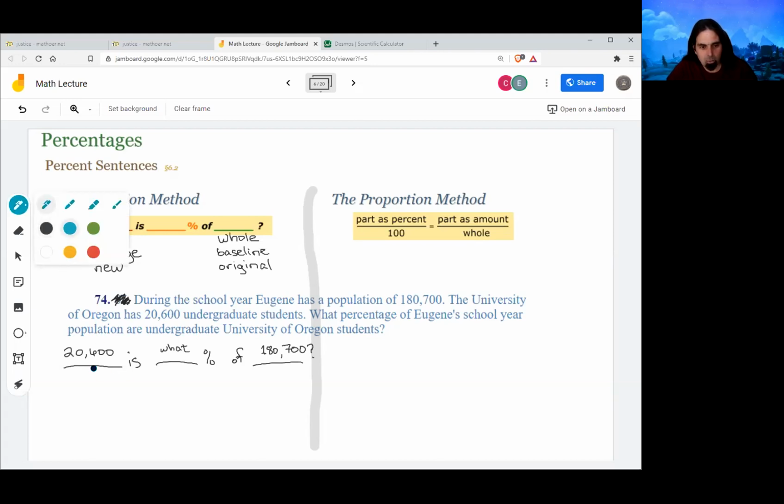Okay, so as we keep going, we're going to translate things. Numbers just stay numbers. Is becomes equals. What becomes our letter. Of becomes multiply.